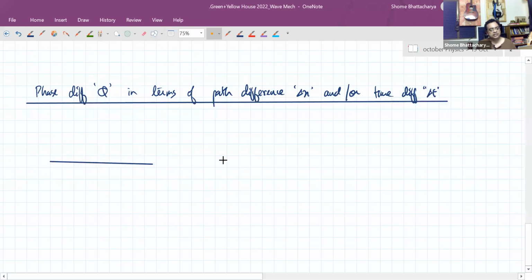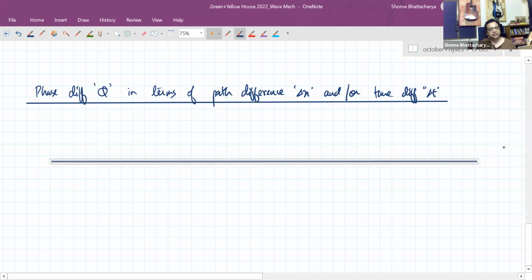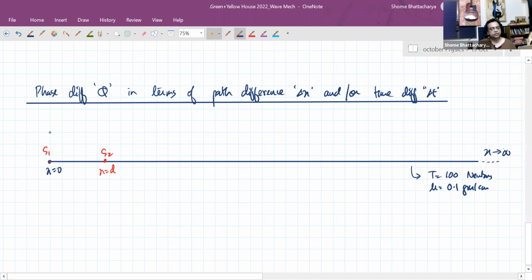So next example, what is happening is we have an infinitely long string extending to infinity on this side. So this has a tension of 100 newtons, let's say, and a linear mass density of 0.1 grams per centimeter. Now what we're doing is at x equal to 0 and at x equal to d, we are attaching two simple harmonic oscillators which oscillate along the y-axis.